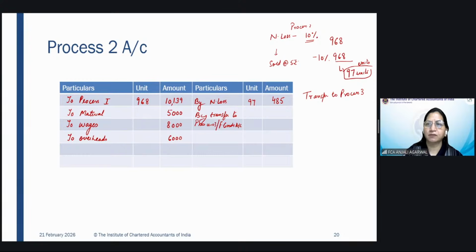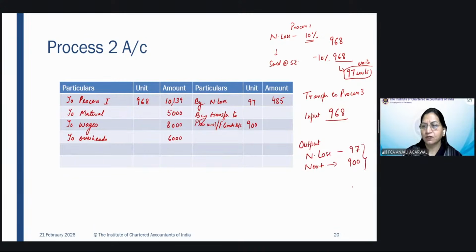Now that number of units would be given to me. So for example, that is given as 900. So if it is 900, technically how much is the input? 968. I have the details of input. Now I'm going to get the details of output. So I have the output as normal loss units, 97, and transfer to next process or finished goods account, 900.